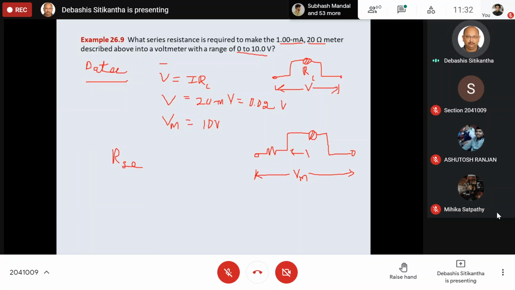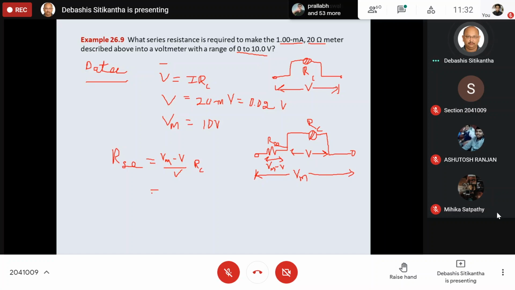This is the actual voltage drop across the coil, which remains as usual, and across this RSE, it is going to be Vm minus V. So RSE is equal to (Vm minus V) divided by V multiplied with RC.